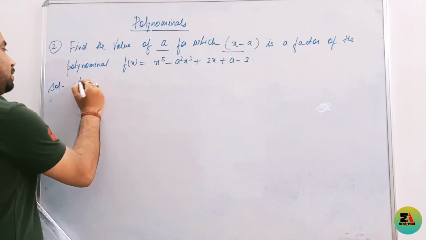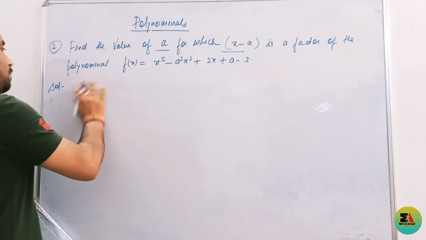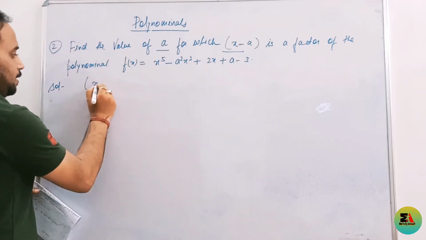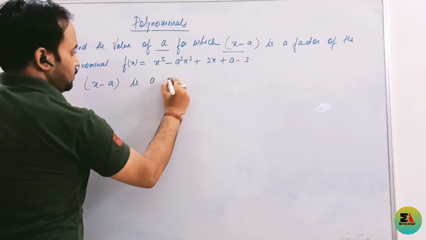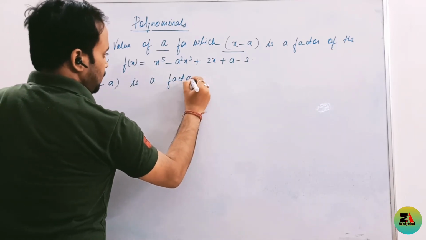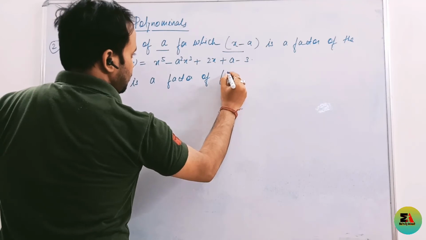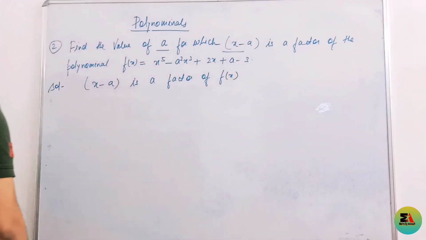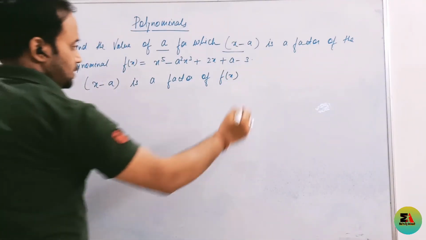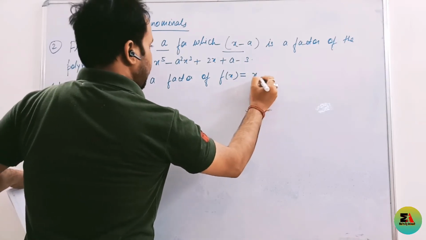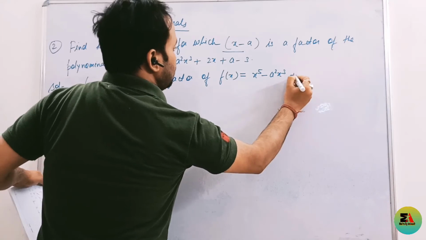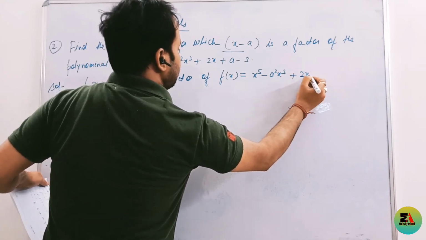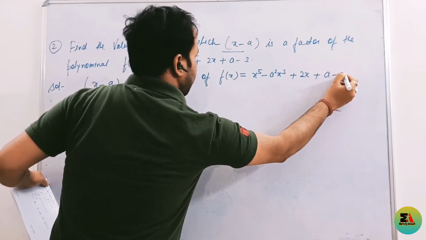Again, same statement. Apply the factor theorem. Directly you write that x minus a is a factor of polynomial f(x), which is x to the power 5 minus a square x cube plus 2x plus a minus 3.